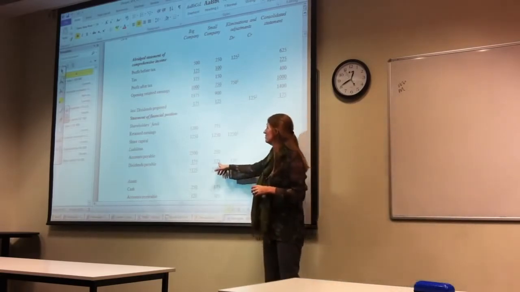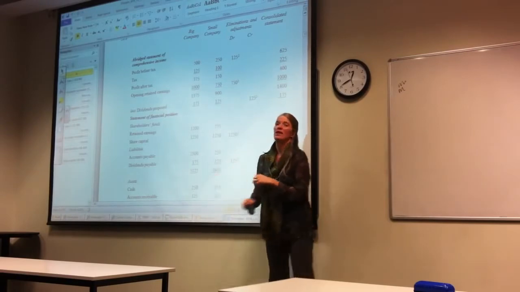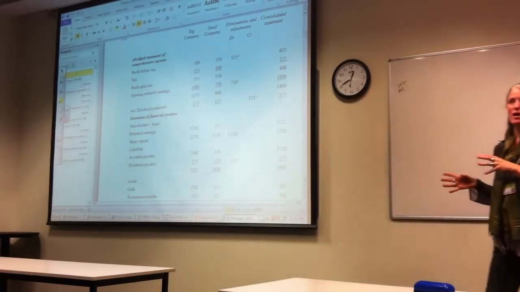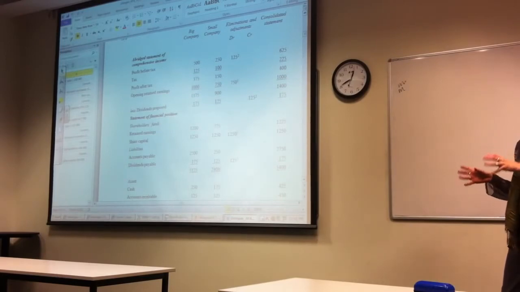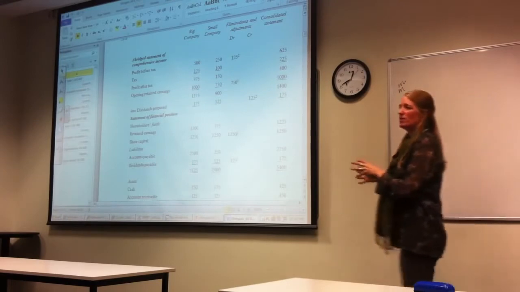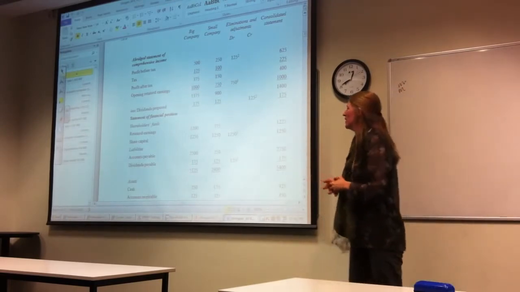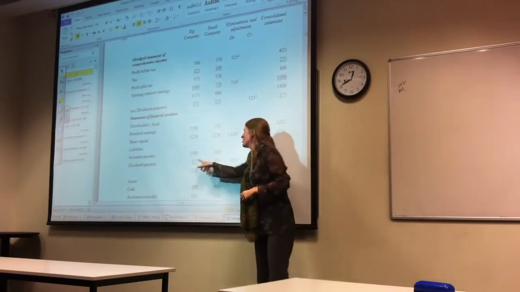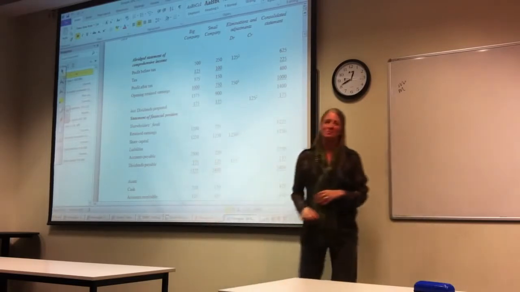Obviously, with this dividend, Small Company happens to be 100% owned. In other words, the shares of Small Company are owned 100% by Big Company. So if those shares are owned 100% by Big Company, then obviously all of those dividends are going to be paid to Big Company.